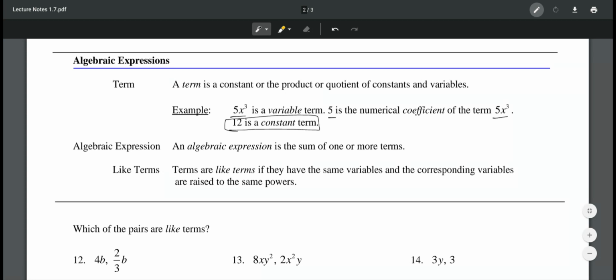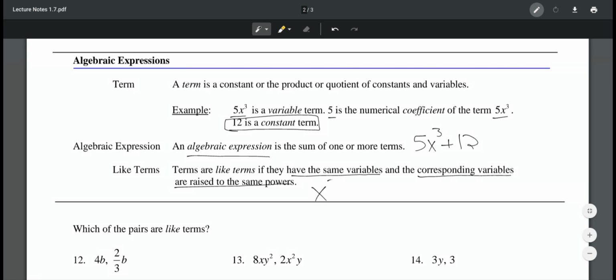So an algebraic expression is the sum of one or more terms. So I could take 5x to the third and I could add 12 to it. That becomes an algebraic expression. All right, like terms have the same variables and the corresponding variables are raised to the same power.